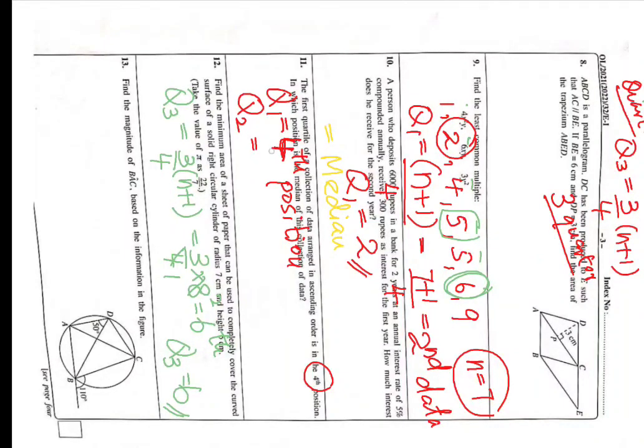Half of that should be twice of 4. That is the 8th position. Because Q1 represents quarter and Q2, or median, represents half, I can find Q2 by doubling the position of Q1. So the median of this collection of data is in the 8th position.